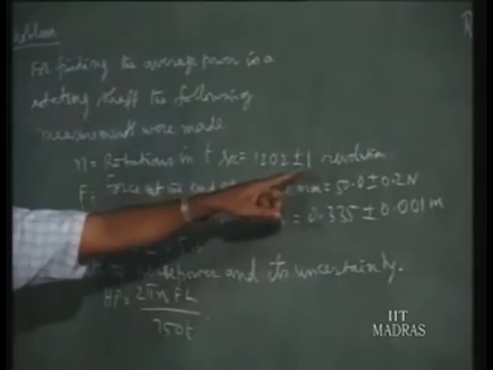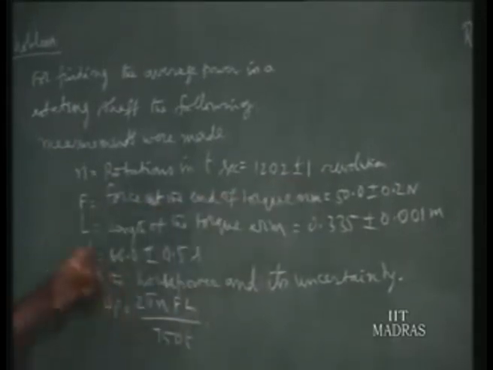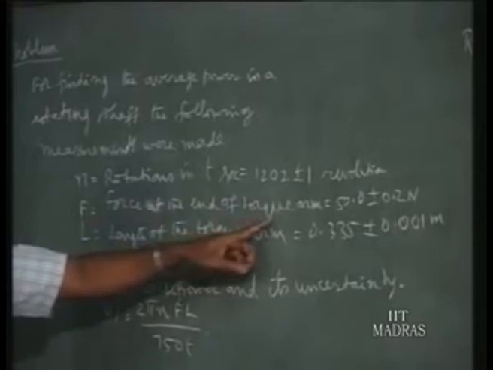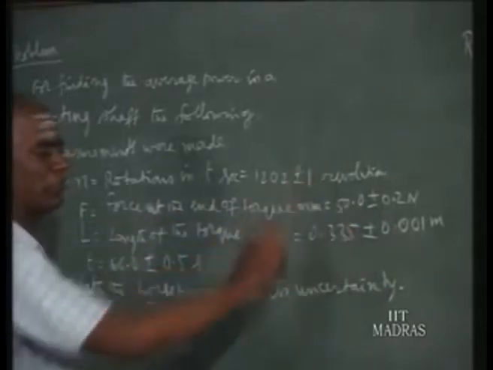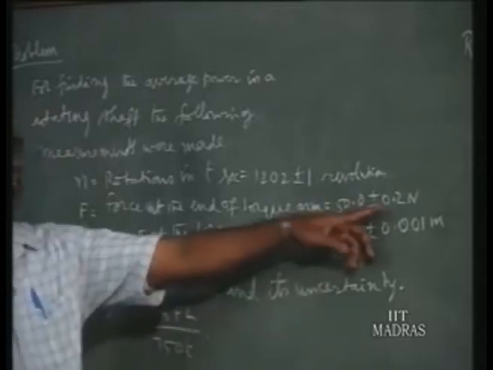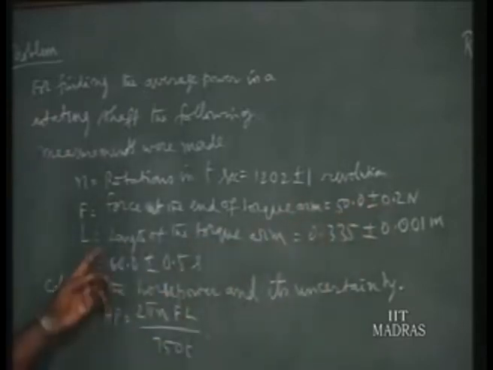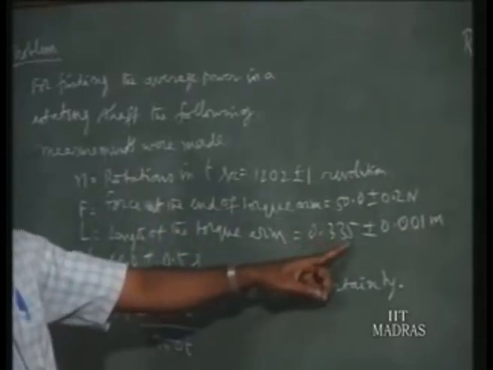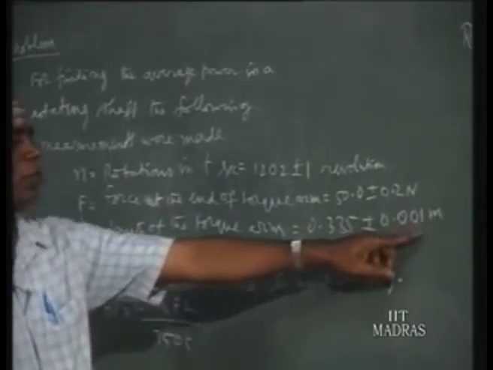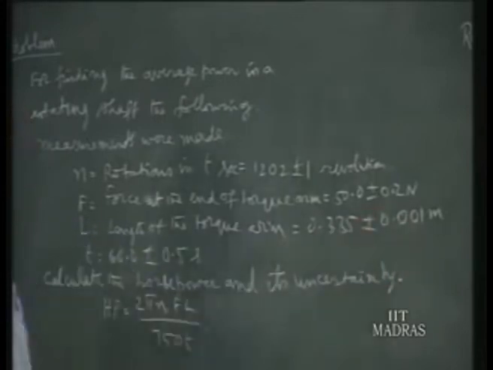The error of that instrument is plus or minus 1 revolution. Similarly, the force at the end of the torque arm is 50.0 Newton, since we can read the first decimal also, and the error is plus or minus 0.2 Newton. The torque arm length is 0.335 meter plus or minus 0.001 meter, that is 1 mm error in the measurement of the length of the torque arm.